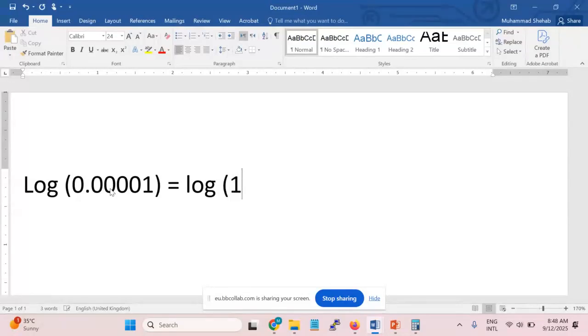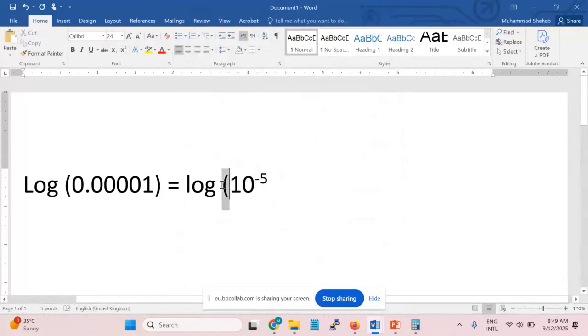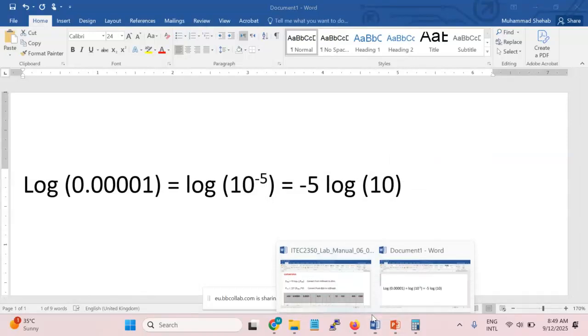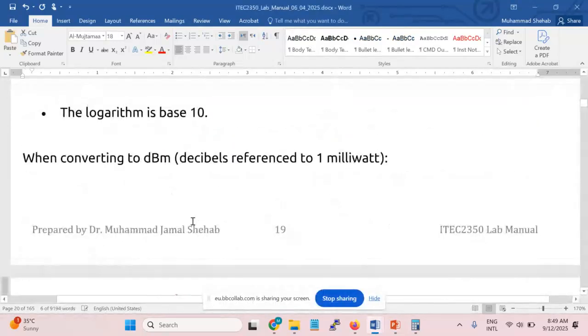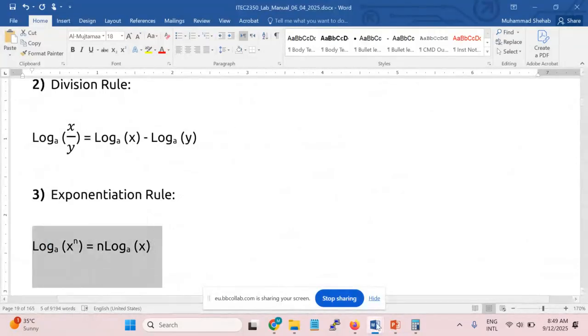This equals log of 10 to the power minus 5, which equals minus 5 log 10, because log x to the power n equals n log x.